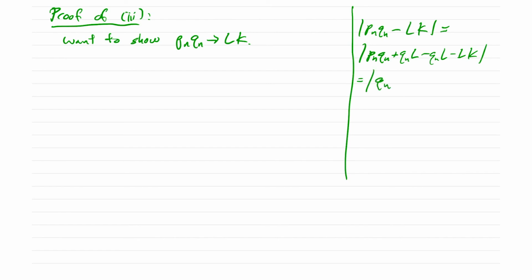So I can take a Qn times (Pn minus L), and I also have plus L times (Qn minus K). All right, that's fairly good.